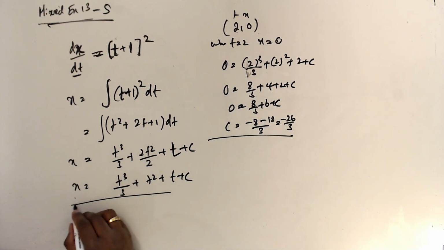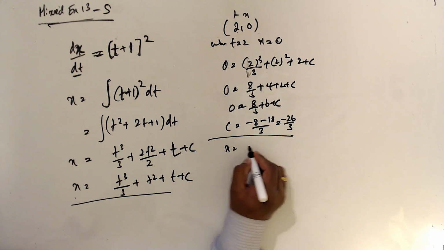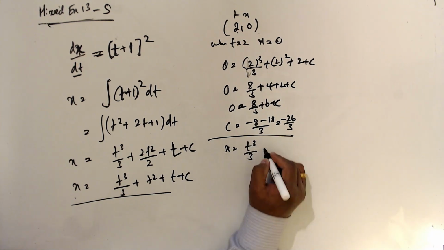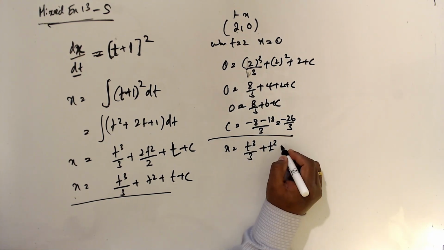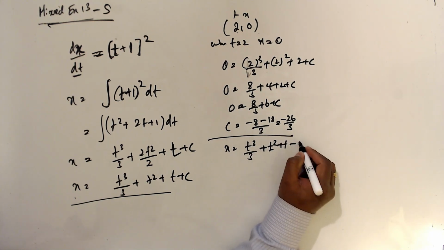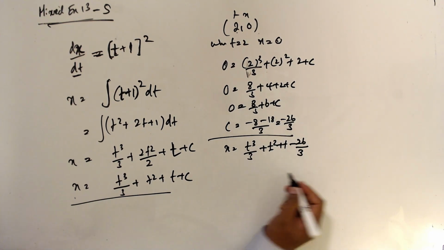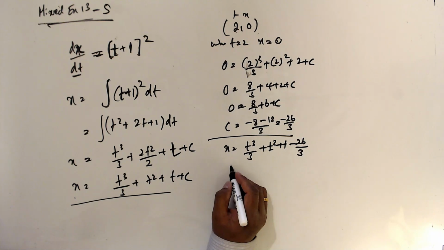Now we have the curve x equals t cubed over 3 plus t squared plus t minus 26 over 3. Now there's another question.